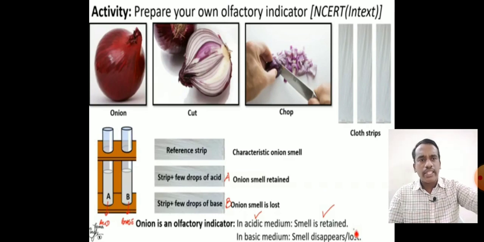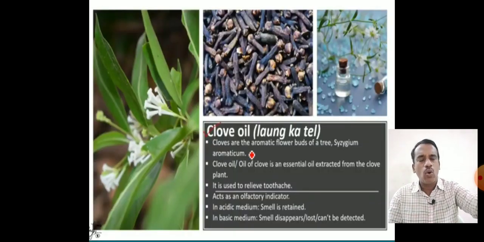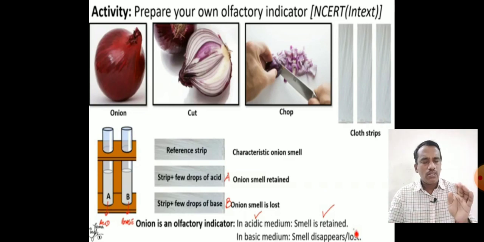One strip will be the reference strip, which gives the smell of the clove. Here we take the clove oil, and on the second strip we place the compound from test tube A, and on the third we place the compound from test tube B.